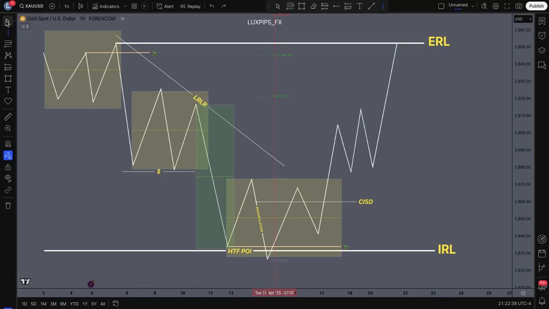Oops. Put it right there, yeah? So you can visualize sell side, buy side.